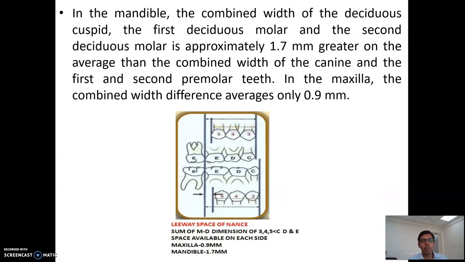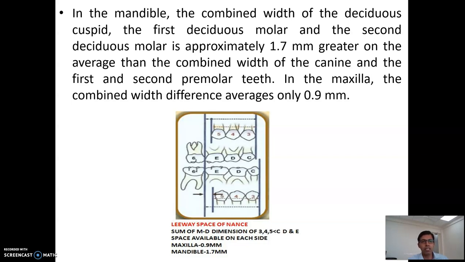In the mandible, the combined width of the deciduous canine and the first and second deciduous molars is approximately 1.7 millimeters per quadrant greater, on average, than the combined width of the canine and the first and second premolar teeth.